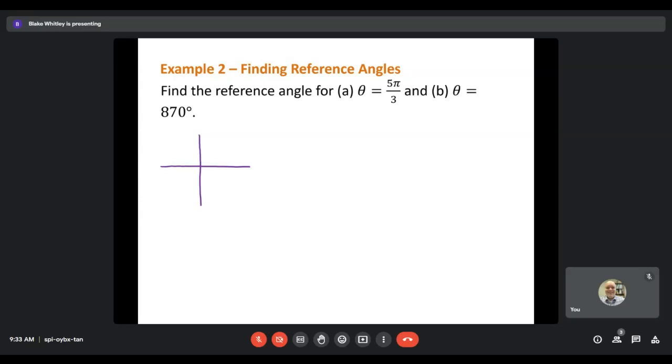You could also convert all of your degree measures on the axes, like 90 degrees, 180 degrees, and so on, into radians, and then try to figure out where 5 pi over 3 is based off of that. Now, in this case, I'm just going to go ahead and convert 5 pi over 3 into degrees. So remember, our conversion is we're going to multiply by 180 over pi.